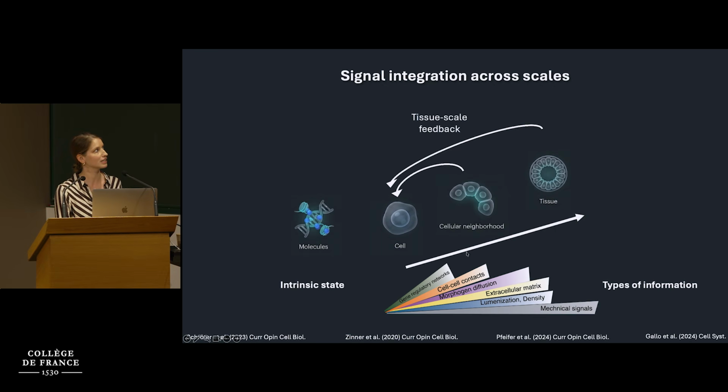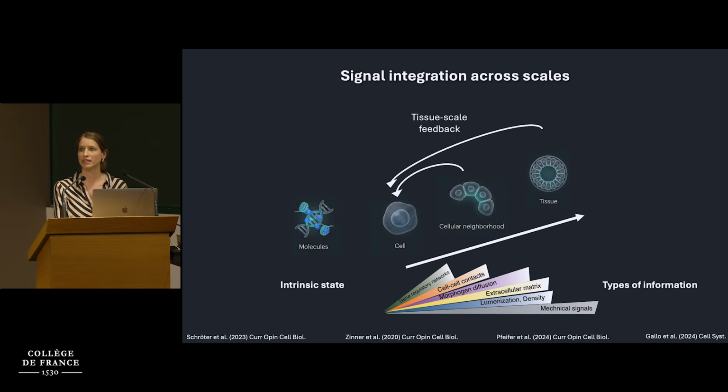As an example, a cell usually has direct neighbors if in a tissue. Then on a larger scale, it can also face morphogens, but also mechanical signals. This shows that different types of information are usually presented at different length scales.